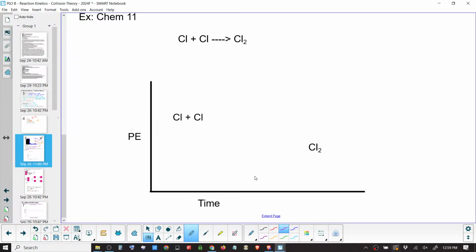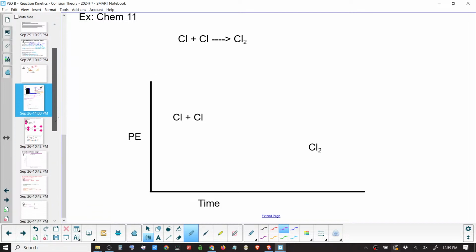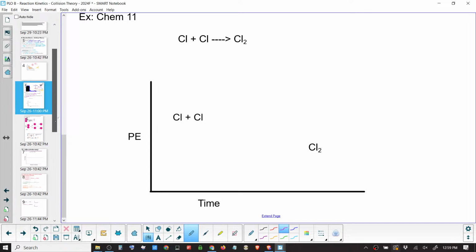Okay, we've got to draw this. And then once you've drawn it and you've labeled it, go sit down. If you were completely out of space, I do have whiteboards at the back.